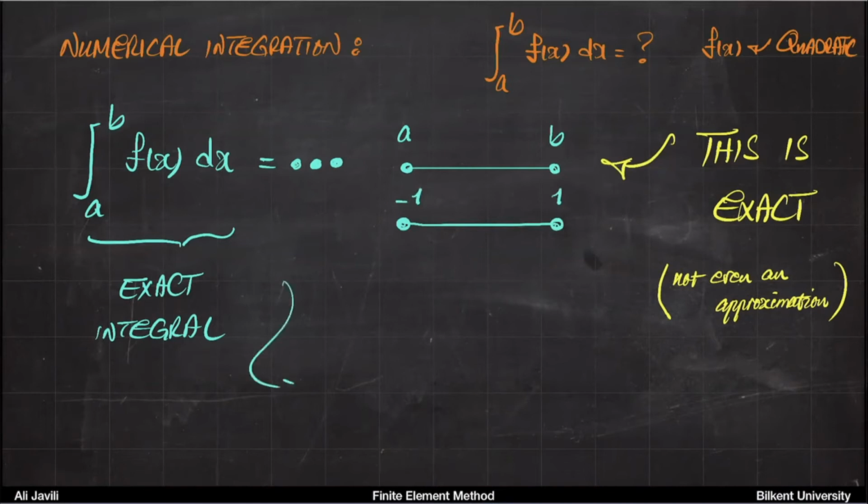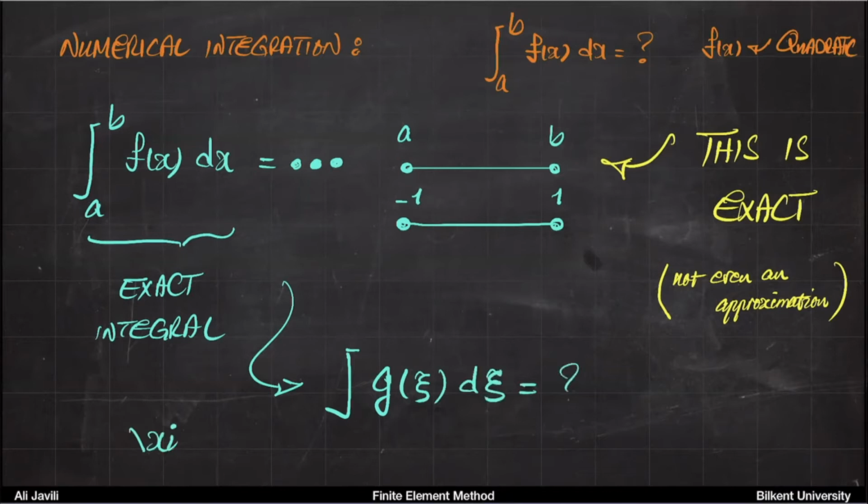So the next question we have is, what would be the integral of, let's say, g? And instead of x, I'm going to use a different letter here. Okay, this letter is called xi. The xi.